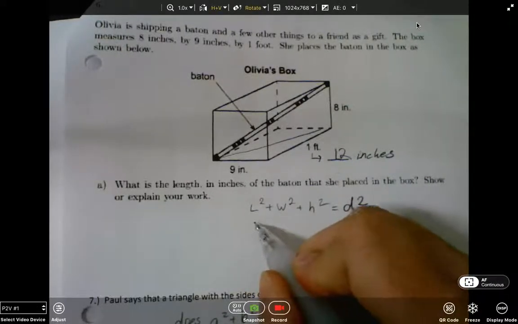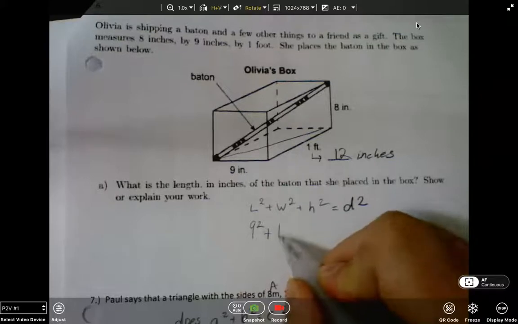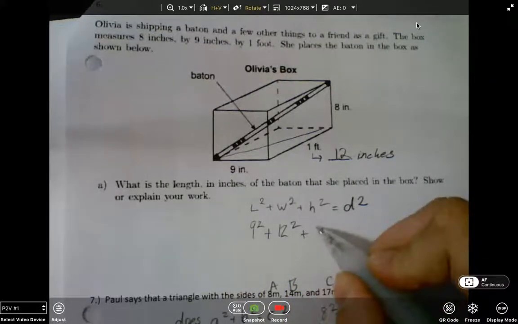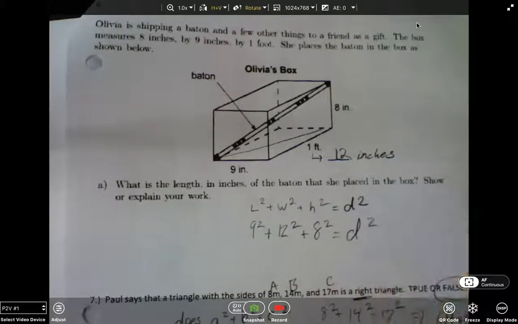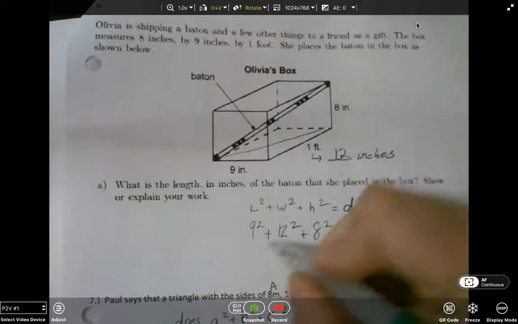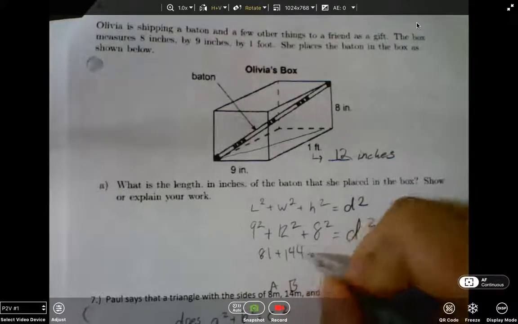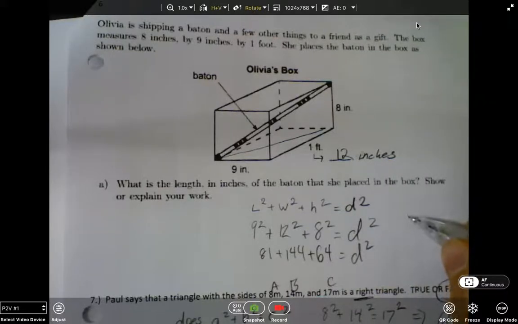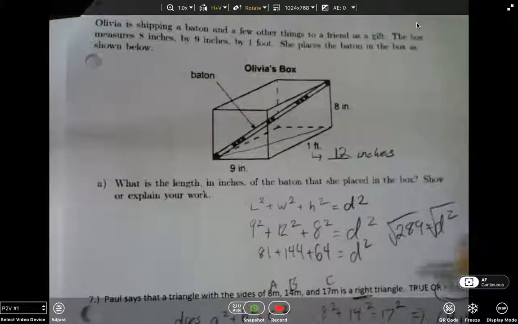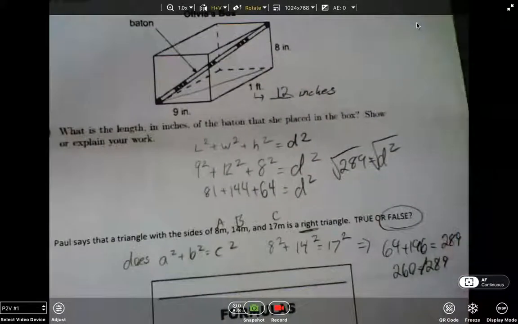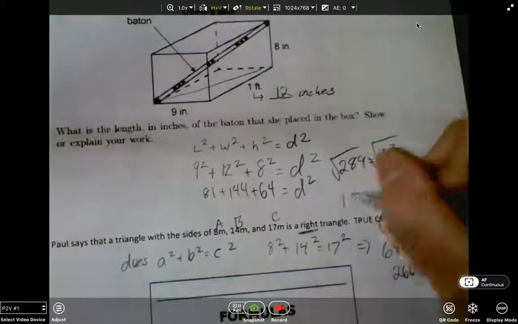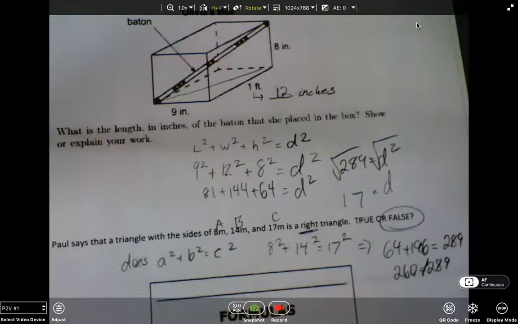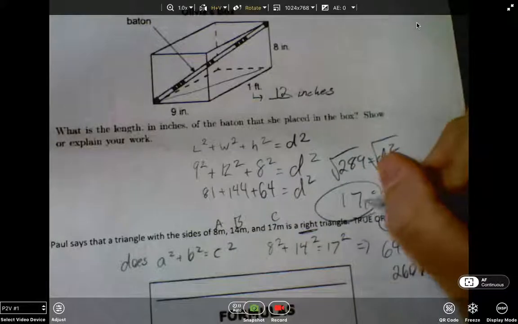So 9 squared plus 12 squared plus 8 squared equals diagonal squared. This comes out to 81 plus 144 plus 64 equals d squared, which is 289 equals d squared. So d equals 17. The diagonal equals 17 inches of that baton.